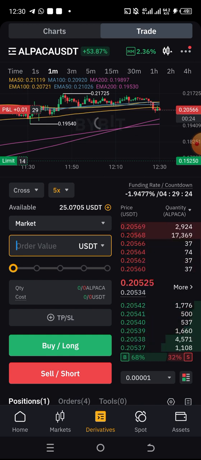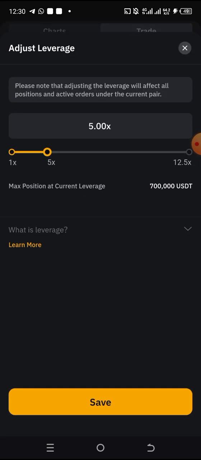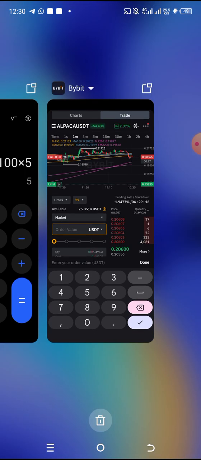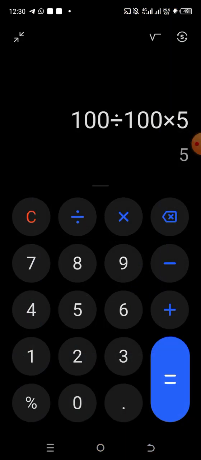So now, if what you are using as leverage is 5x, for example, what you need to do next is to multiply your 5%, which is $5, times 5. So you have $25 for trade. If you want to use 2x, you multiply by 2 and you have $10 for trade.